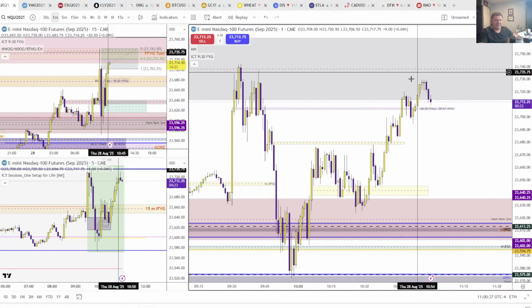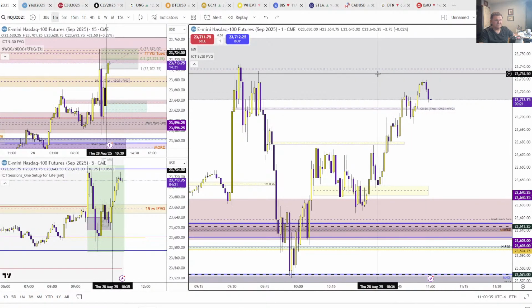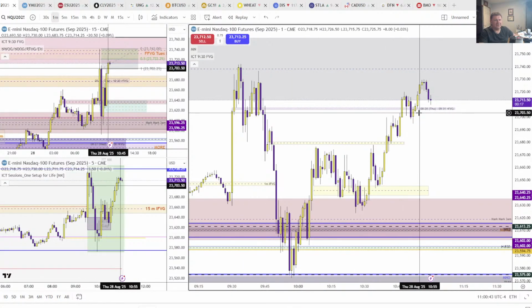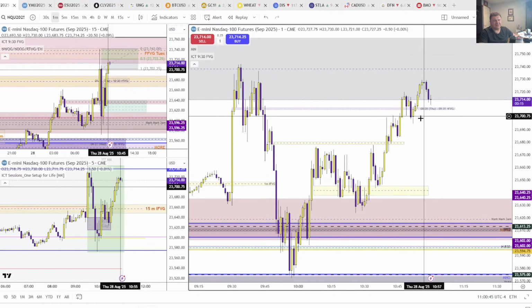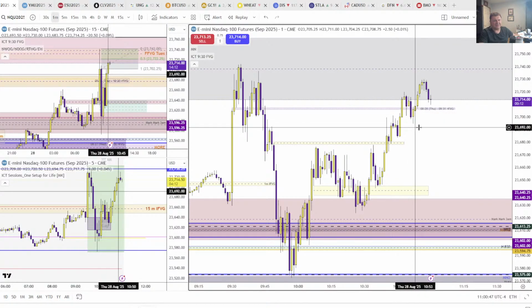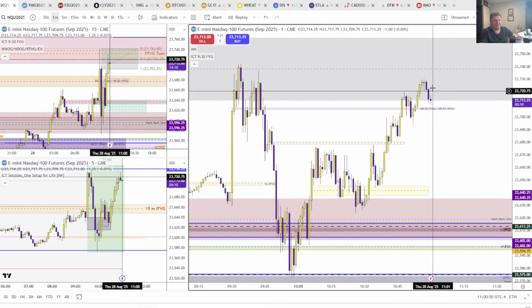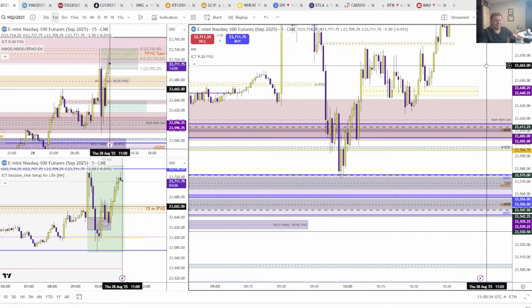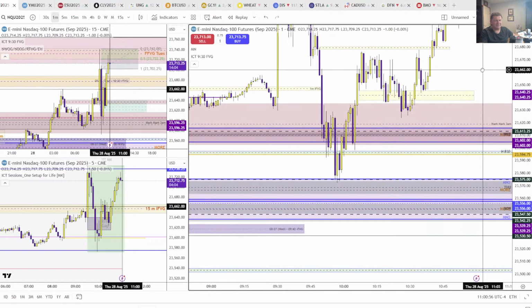And it's 11 o'clock. Nothing to annoy you long people. Then take out this low here and use this as a market structure shift. Keep coming lower, and take a run on liquidity at 10:30.